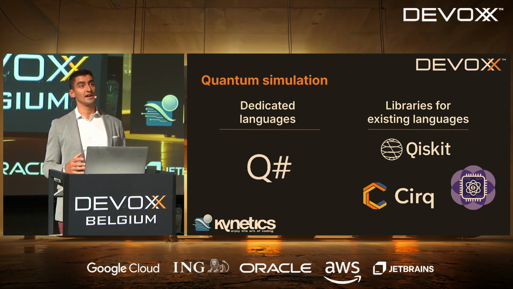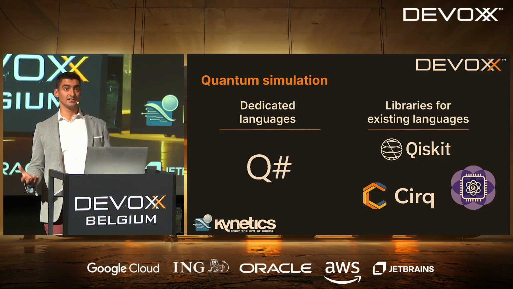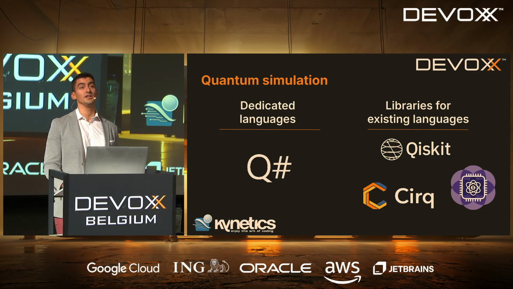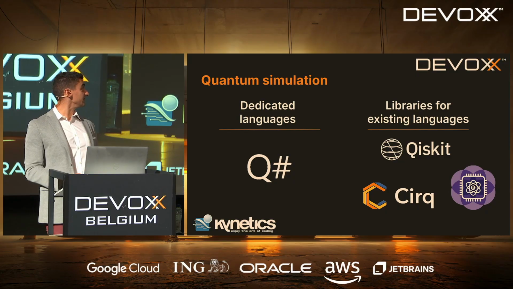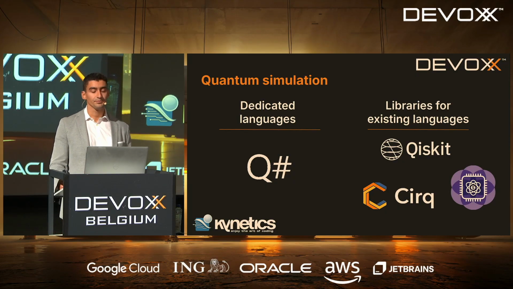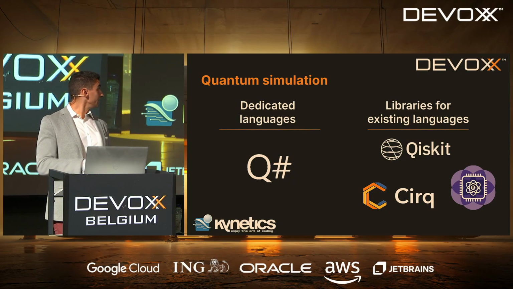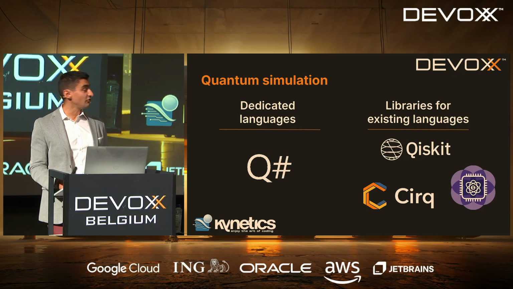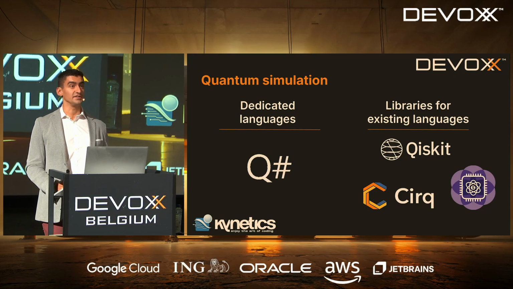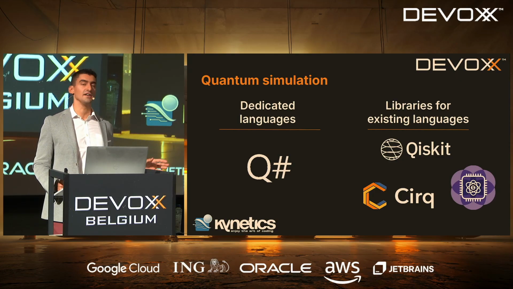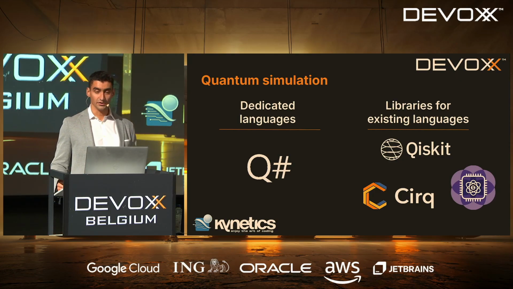And then we have libraries developed for existing classical languages that we can use today to learn something about quantum computing. Now, the first two, Qiskit and Cirq, are for Python. The other one, the purple logo over there, is for Java. So we can also, as Java developers, start experimenting today without having to leave the JVM for the Python work.